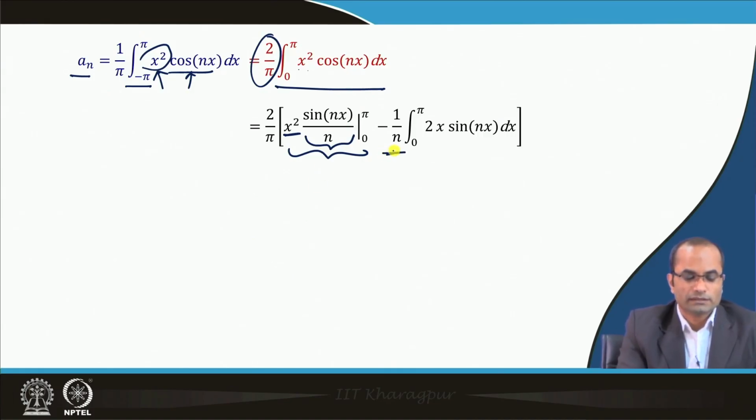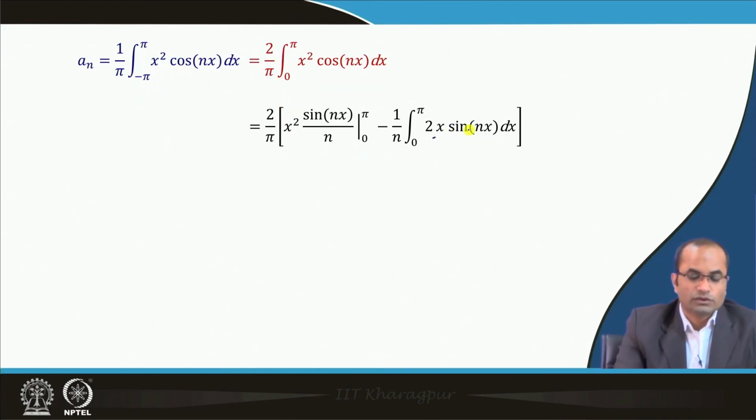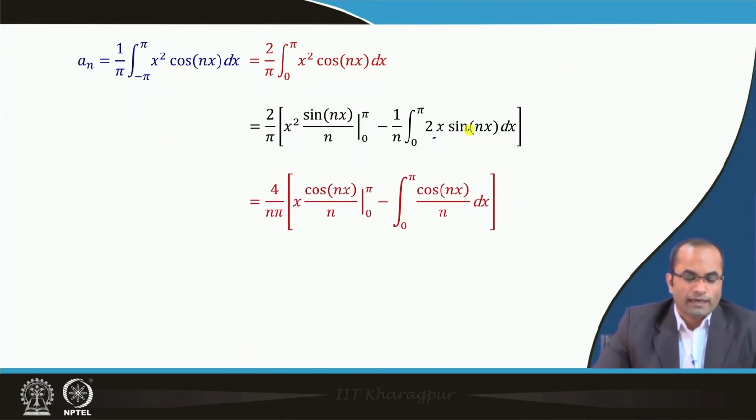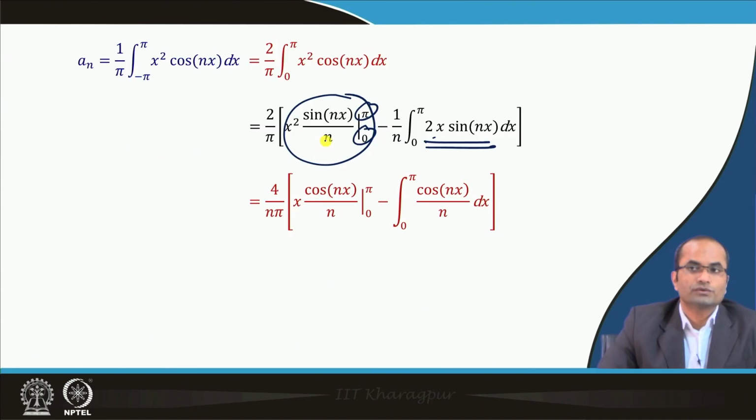Then we have minus 1 over n again, because cos n x integrates to sin n x over n, from 0 to pi, and we have the integral of the differentiation of this x square, which is 2 x. This first term will become 0 when we put pi or we put 0.